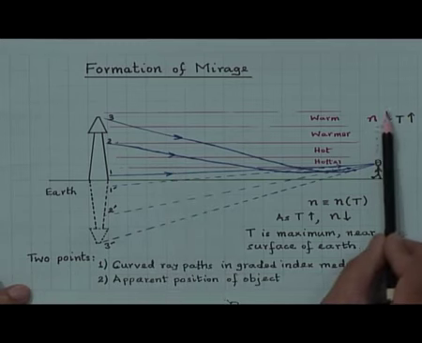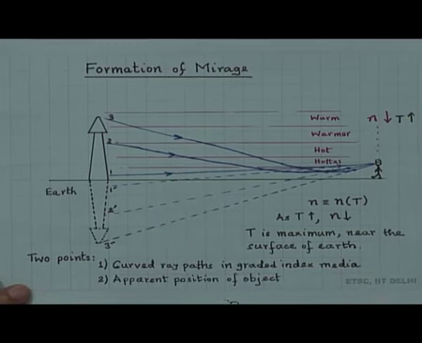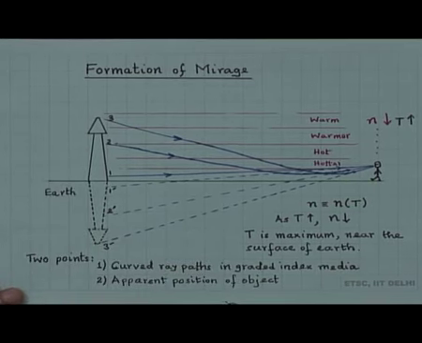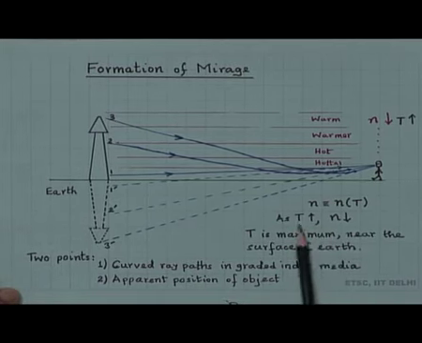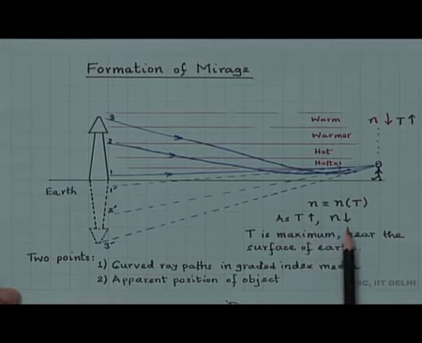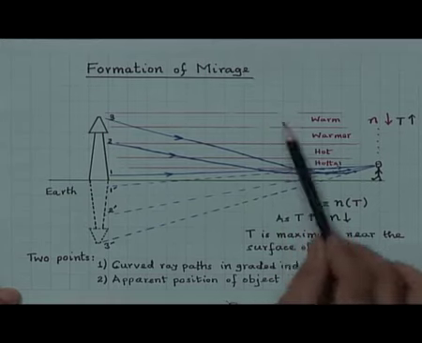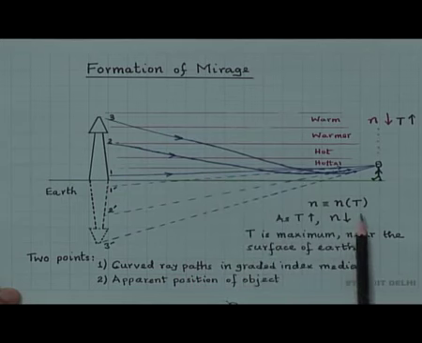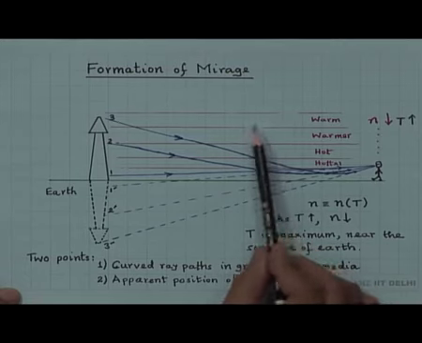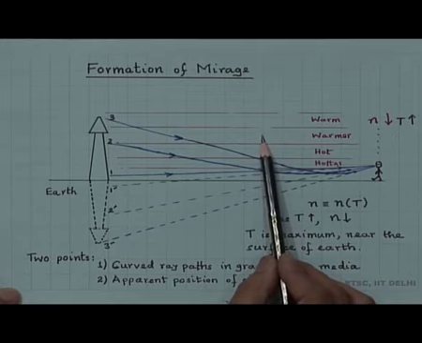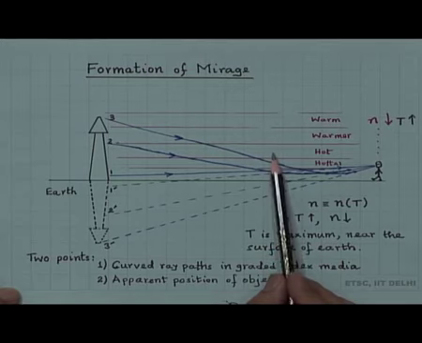The refractive index reduces as temperature increases. Cold air has a higher refractive index compared to hot air, and therefore, as temperature increases, refractive index decreases. Therefore, the refractive index n of this medium is a function of temperature. The refractive index here is higher compared to the refractive index here, because this is hotter and therefore the refractive index is lower.